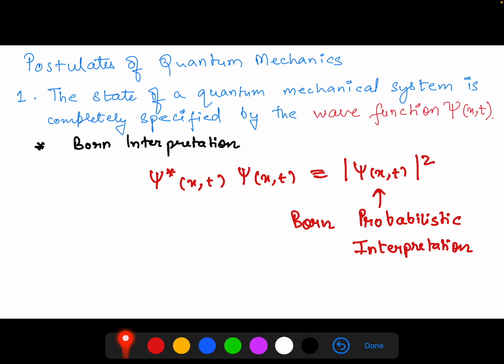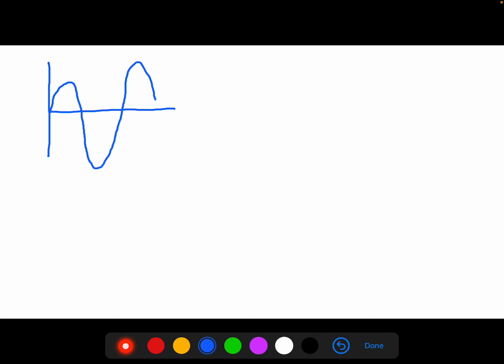Now if I jump to solve my question, which was the plot where I was given a wave function psi, this was 1, this was 2, and this was 3.